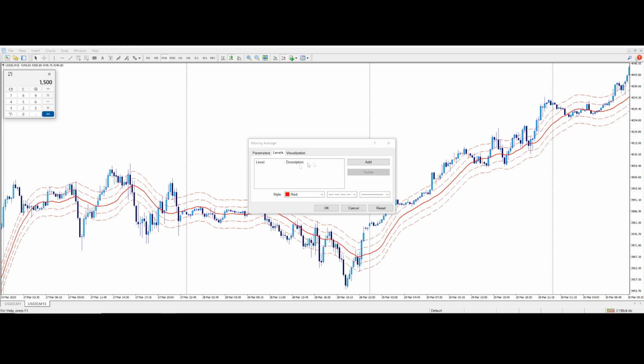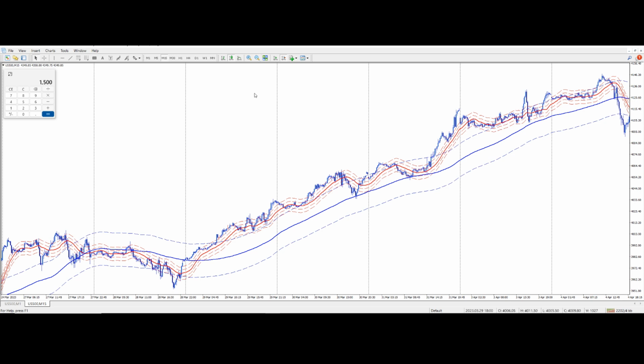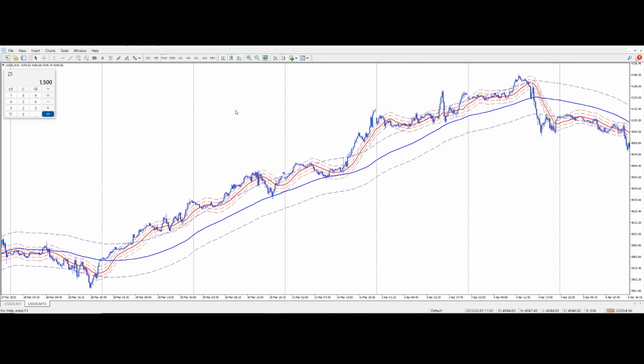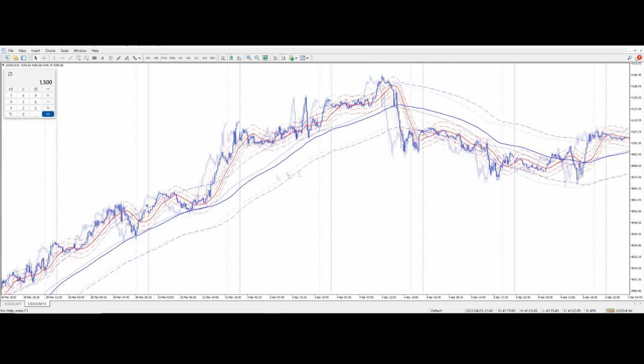Okay, so let's add these levels. Okay, and this is good. So you have here the 100 and the 20 period moving average, and this is how the flow goes. Okay, I think this is very interesting, very cool.